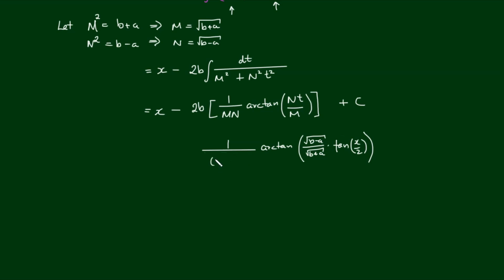So I've got the square root of (b plus a)(b minus a), and inside of the arctangent, I've got the square root of b minus a on b plus a. And the first one is a difference of two squares, so that can be written as b squared minus a squared.